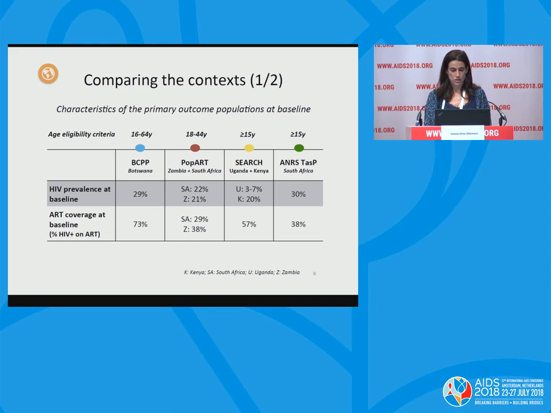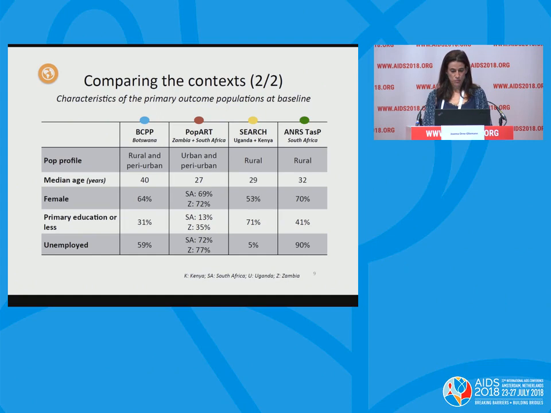You see here for the SEARCH trial, the sites in Uganda, with prevalences ranging from 3 to 7%, whereas in South Africa or Botswana, HIV prevalence is around 30%. Similarly, some heterogeneity in ART coverage at baseline among the different study populations: 30-40% in PopART and TASP versus 70% in BCPP.